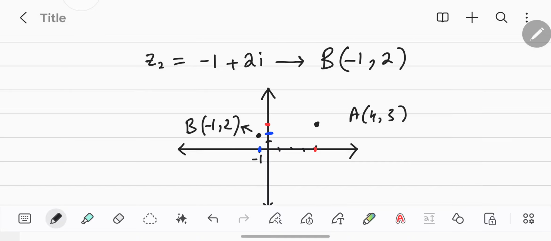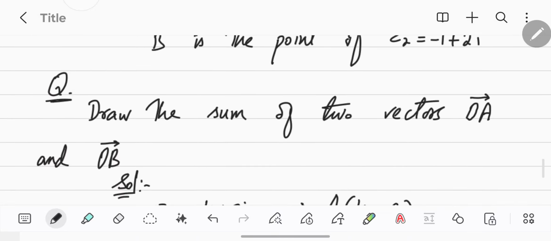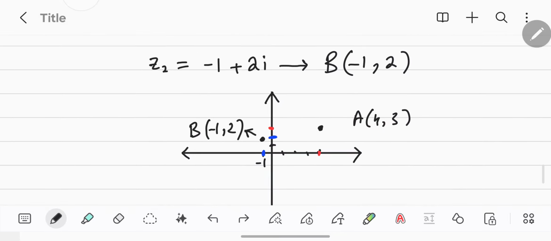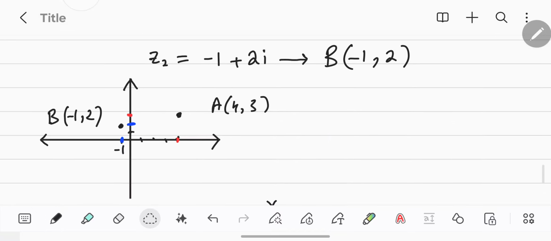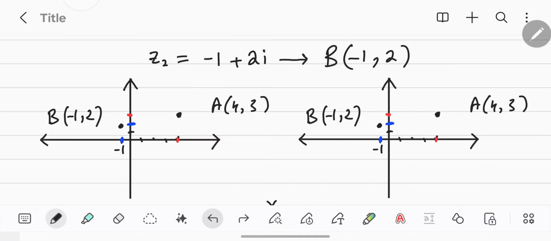Okay, now we have drawn both points A and B. Still we don't know what the OA and OB vectors are. Okay, in order to draw the OA and OB vectors, what will I do? I will first copy this whole thing here.